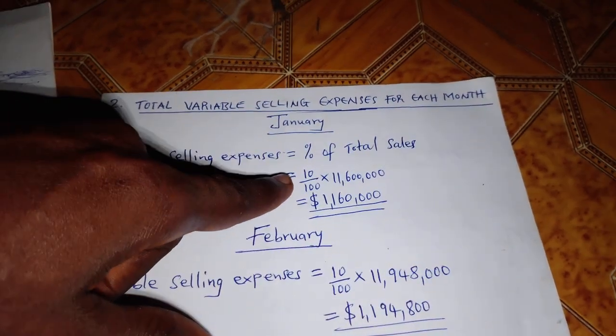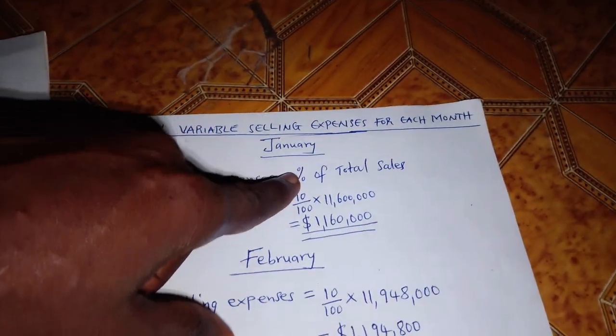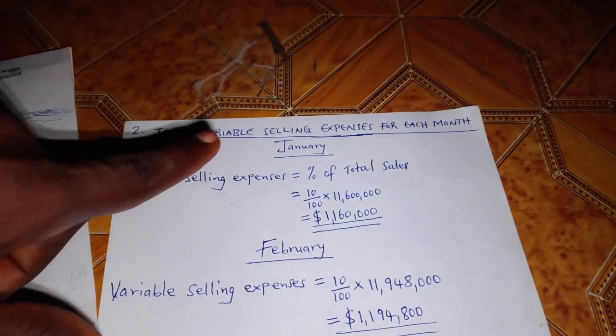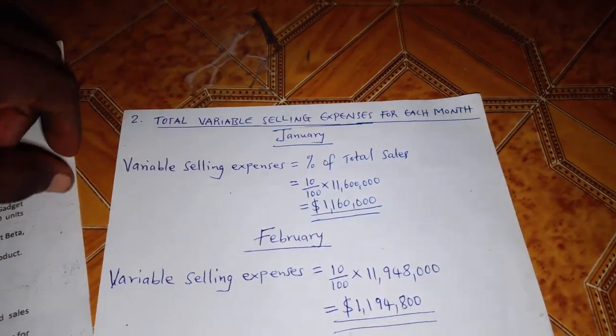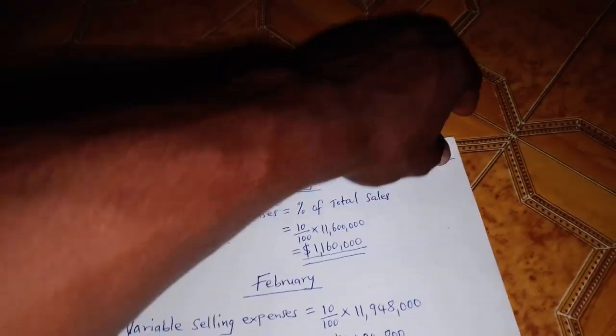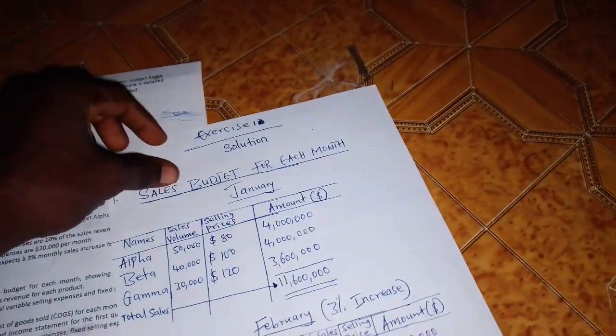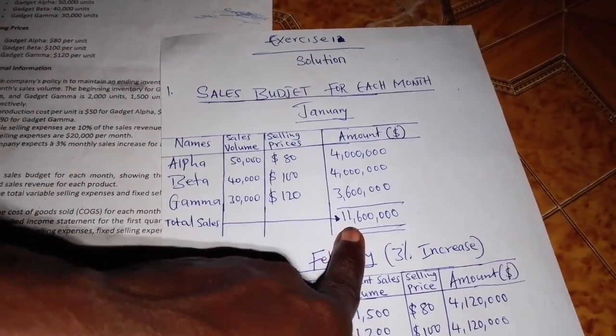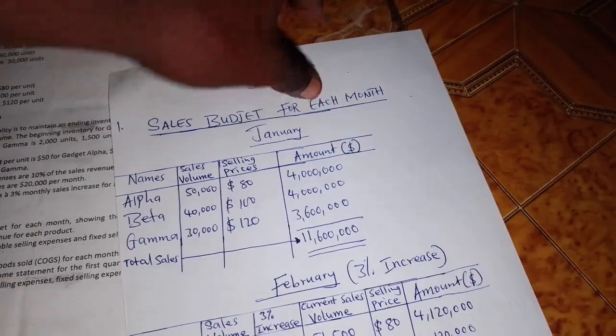Now, we said 10% of the total sales. And the total sales here is the sales that we calculated under the sales budget for each month. This sales figure for January is what we are going to take.